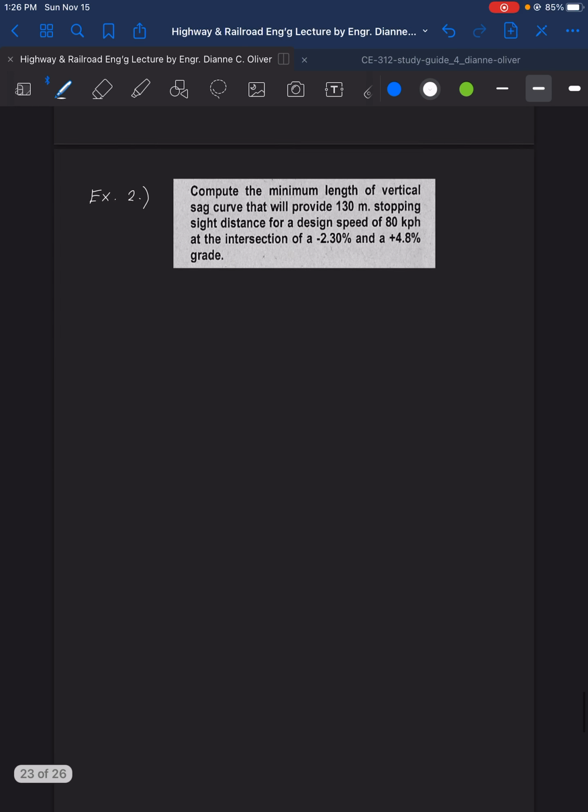Next, for example number 2, compute the minimum length of vertical sag curve that will provide 130 meters stopping sight distance for a design speed of 80 kilometers per hour at the intersection of negative 2.3% and a positive 4.8% grade. So we will put first the given.